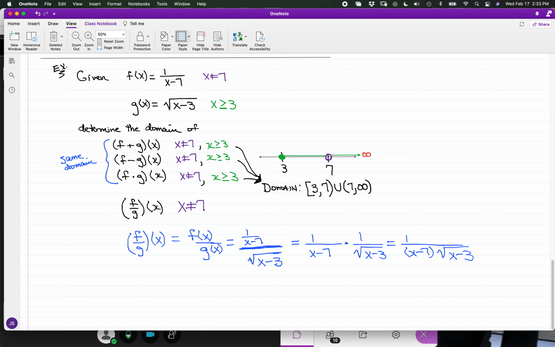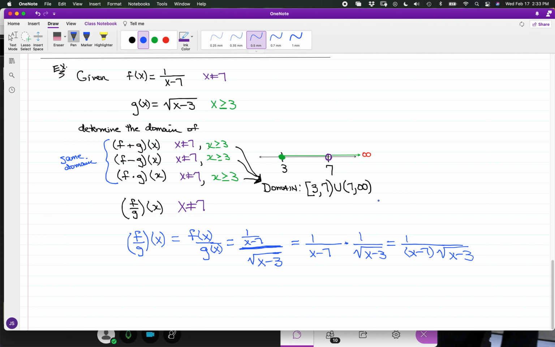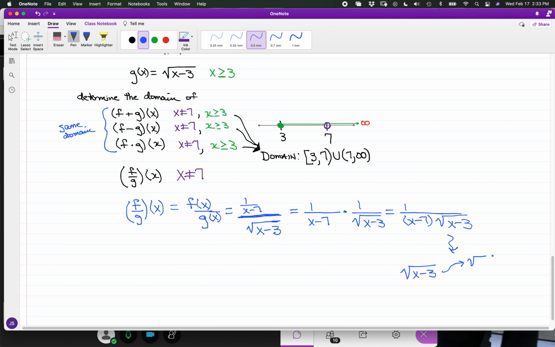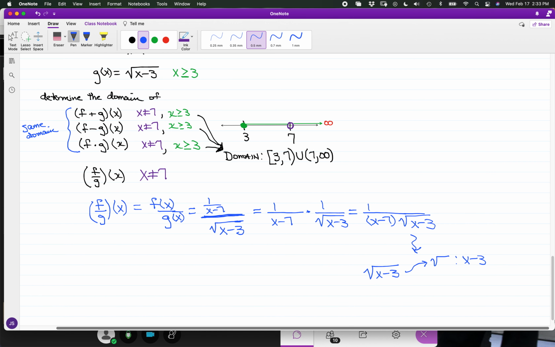Now for the g of x part, g of x is situated in the denominator, and so we have a twofold restriction. Because we have a square root, x minus 3 cannot be negative.